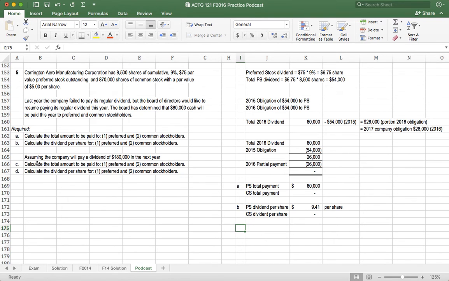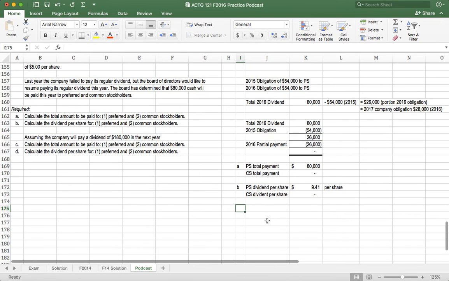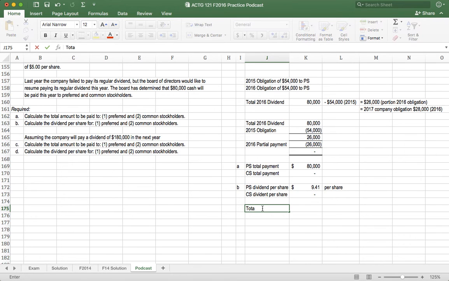Now let's look at the next part. So this is what I was saying. Assuming that the company will pay in the next year. So we're assuming the next year is going to be 2017. So let me write that down. Total 2017, remember this is the next year dividend. The board of directors has determined that $180,000 will be distributed.